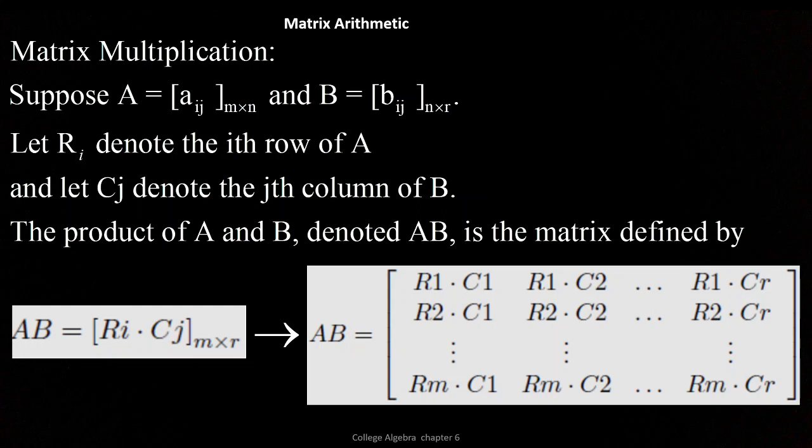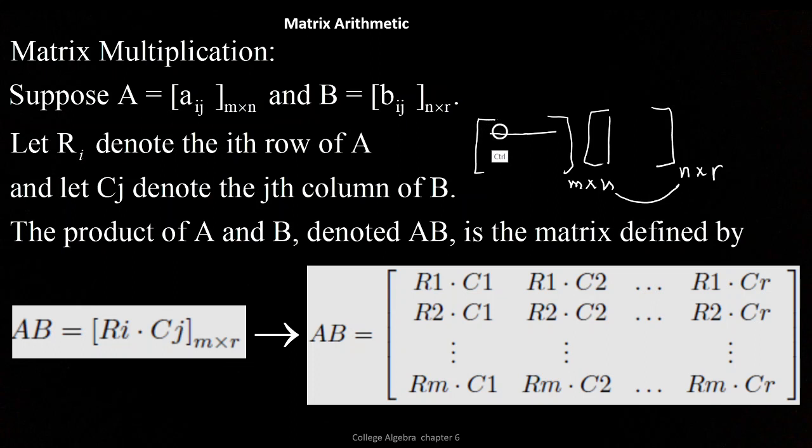So the way we define multiplication of matrices, if this one is m by n, this one has to be n by whatever, doesn't matter. These two numbers have to be the same for us to be able to multiply them. Because the way we multiply matrices is by multiplying a row by a column.